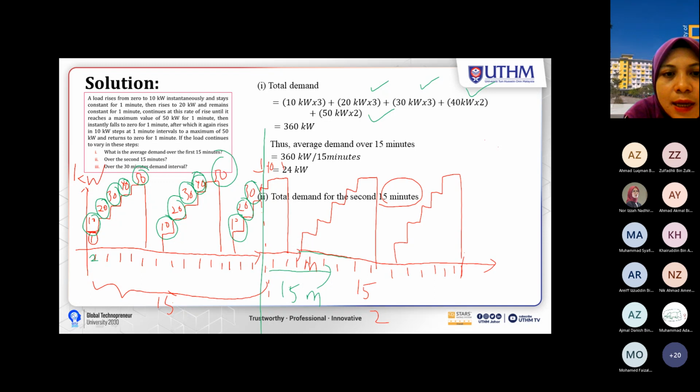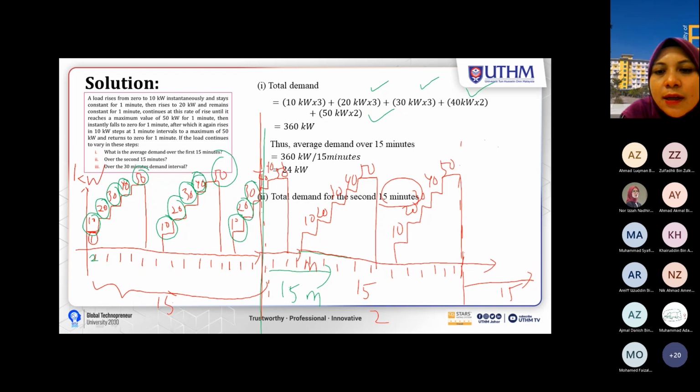Kira balik. Sini ada tadi 40, 50, 10, 20, 30, 40, 50, 10, 20, 30, 40, 50. Kat sini nanti masuk 15 lain pula. Nampak? Jadi awak kena kira balik. Tapi yang ini tadi awak kena potong kat sini.